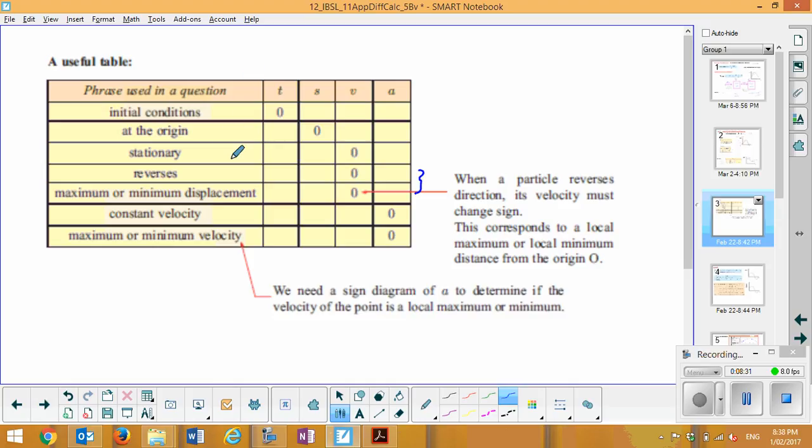It's stationary. Remember, we can have stationary points. When do we talk about stationary points? So stationary points, we'll remember when f dash x is equal to 0. And that can happen at, in this case, a maximum, a minimum, or that horizontal point of inflection.